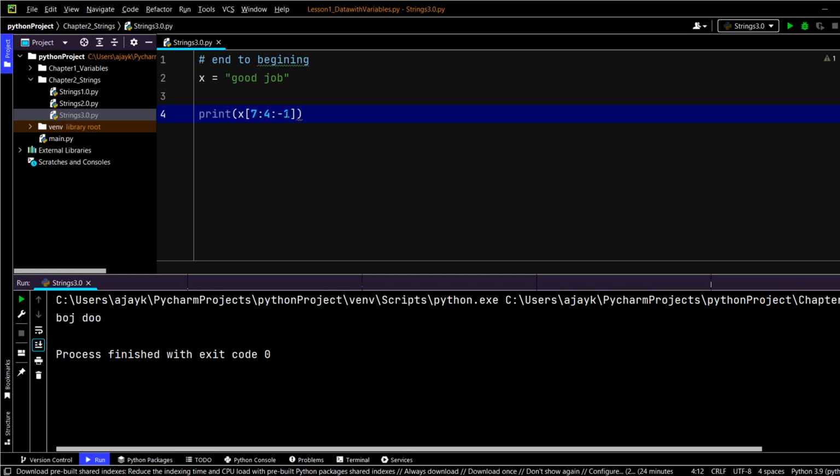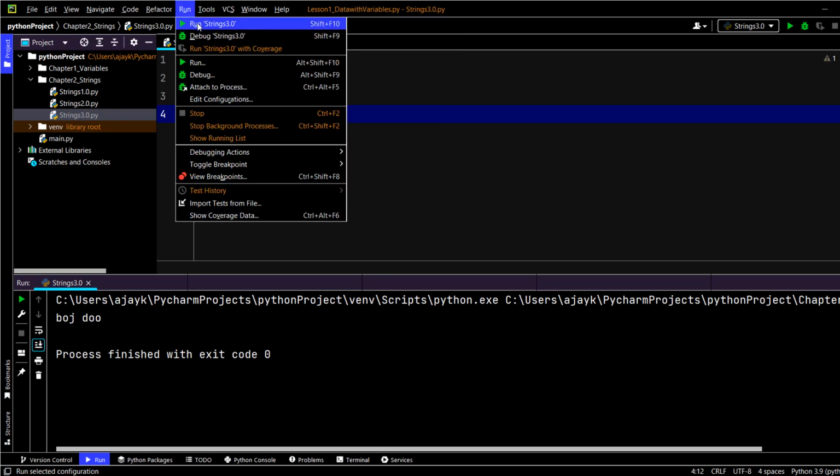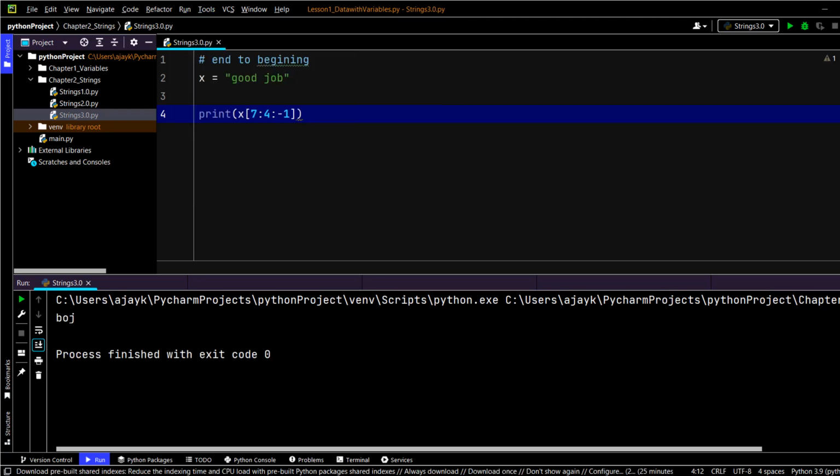And -1 is basically telling us that if I start from here, then it has to go in the reverse order. If you say -2, then obviously it will jump by one character. So let me run this. I hope I'm making sense to you. See this, BOJ is coming, correct?